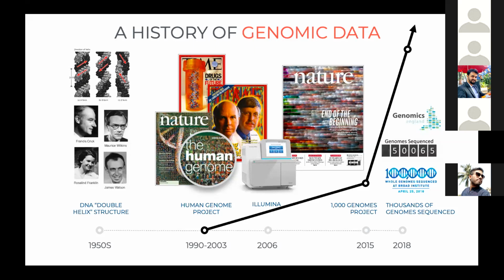We were doing a lot of these experiments meant for a single protein. And then we moved to a different era, where we were able to generate a lot of data at a much lower price. So that changed a lot of things.